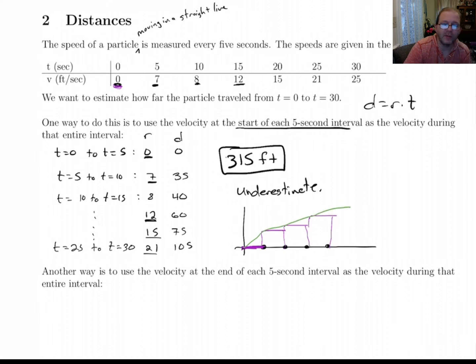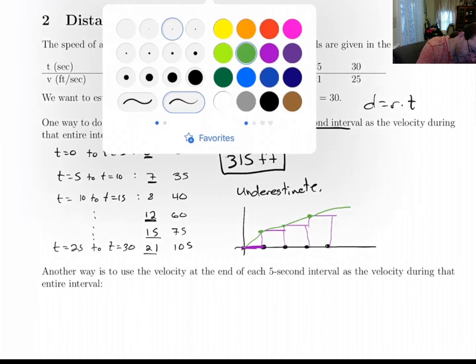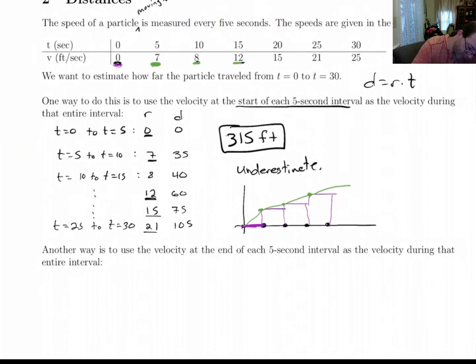Now we don't know exactly what it looks like, but we know that it's going to hit this point, this point, this point, and so on. So another thing we could do is use the velocities at the ends of these intervals. If we did that, instead of using 0 up through 21, we wind up using 7 up through 25.